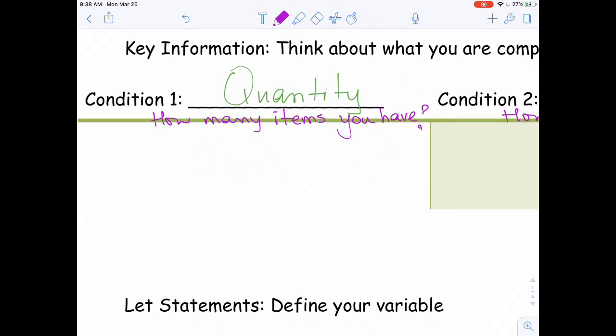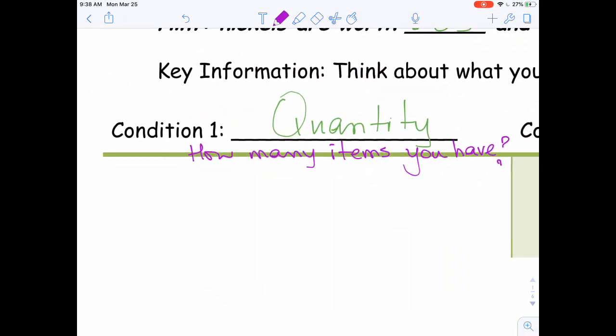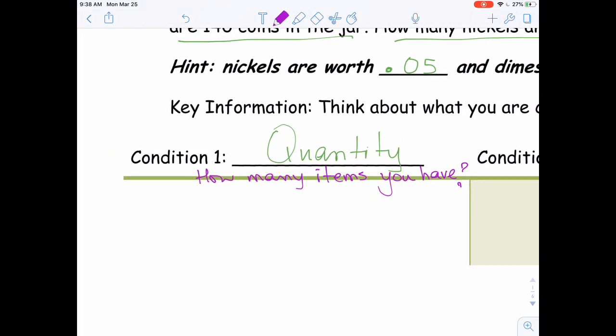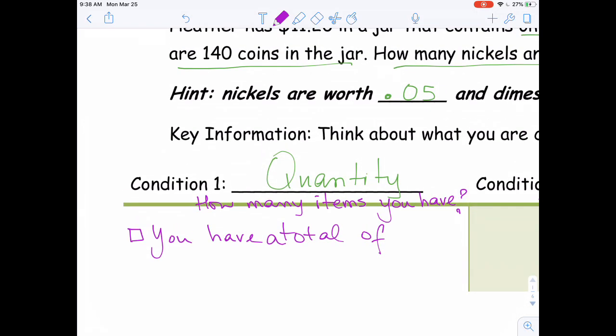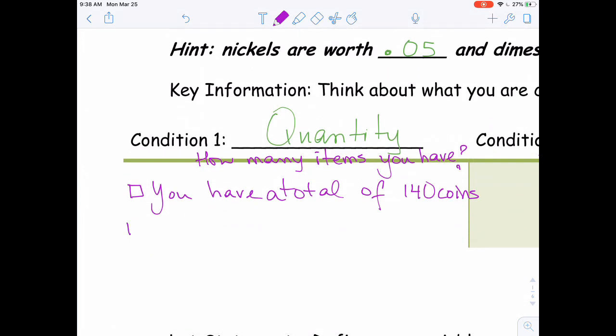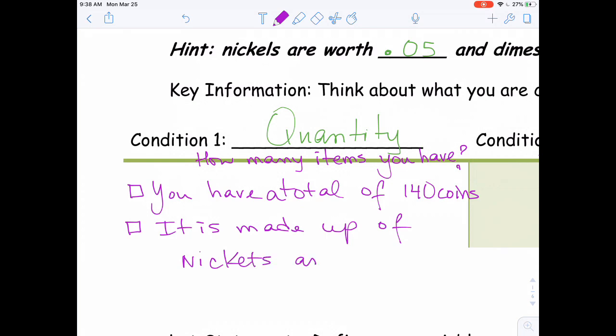Let's talk about quantity. What makes up this jar? The jar has a total of 140 coins. What makes up the 140 coins? It is made up of nickels and dimes.